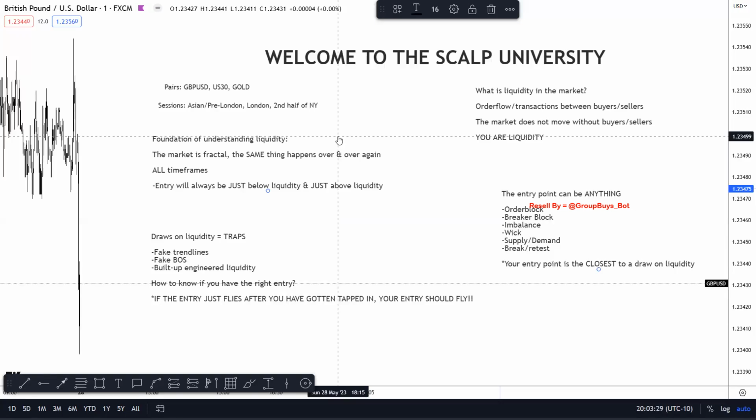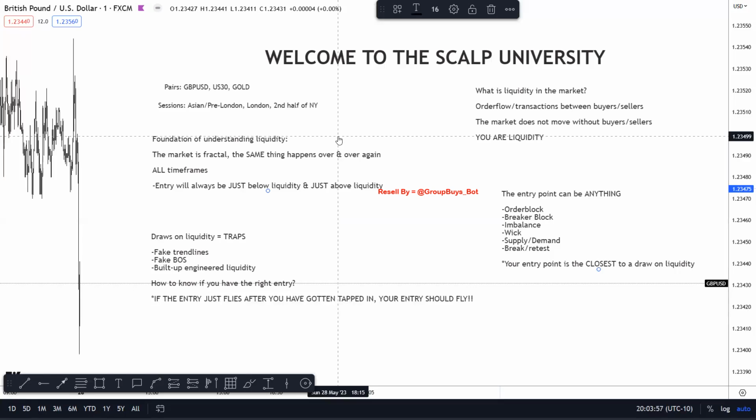If you are an intermediate trader, you should know basic price action, basic market structure, and you should be familiar with liquidity. Even if you are a beginner trader, it's 100% fine. Honestly, this strategy is so simple that even if you are a beginner, it would help you.